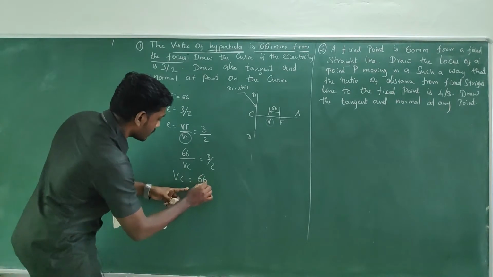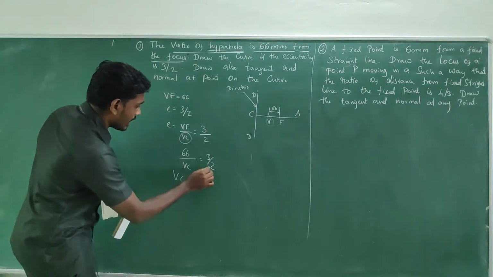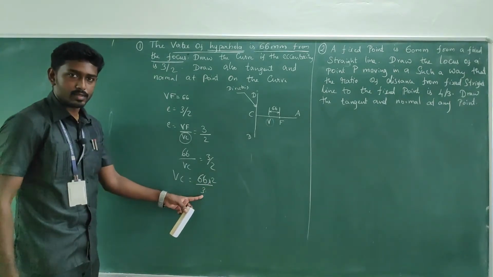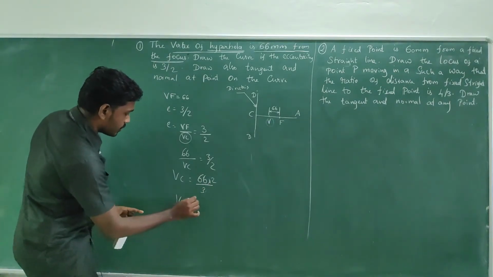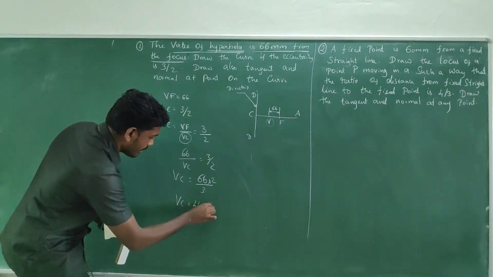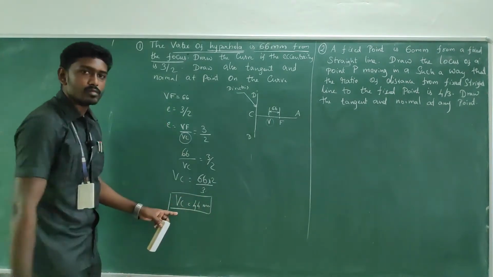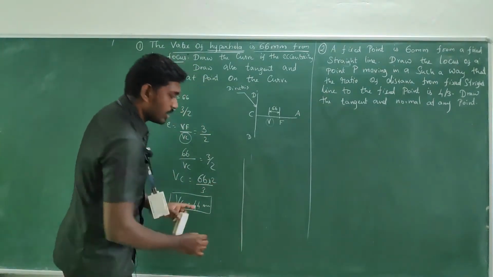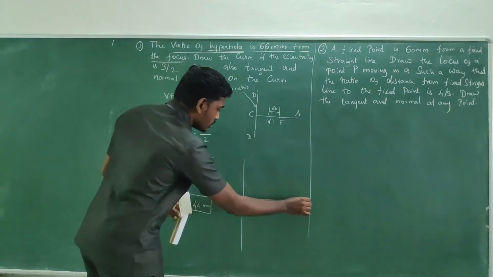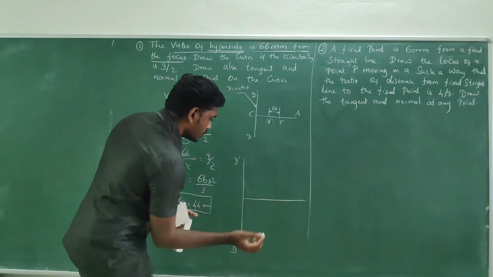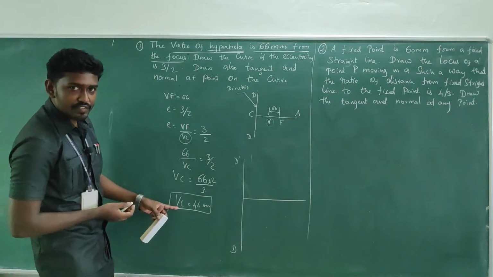That means do cross multiplication. So what happens? We get 44 mm as VC. So it is so easy. If you are constructing it, first draw D dash and D and just take the VC first.